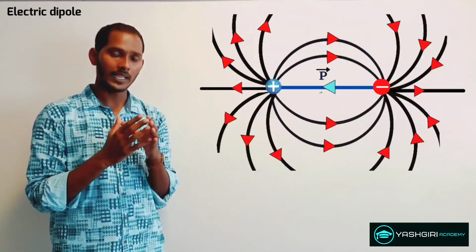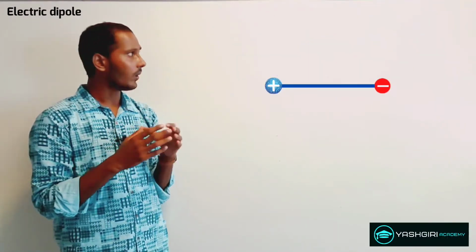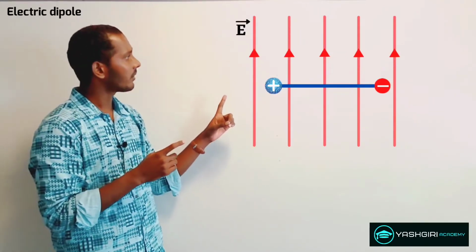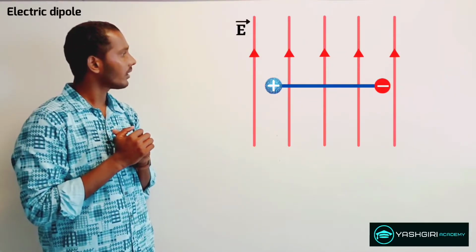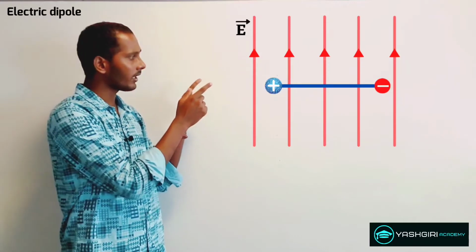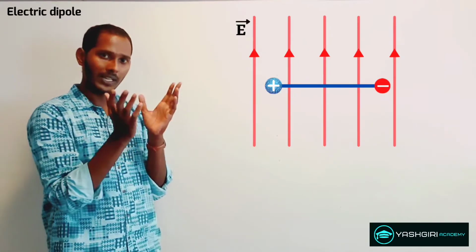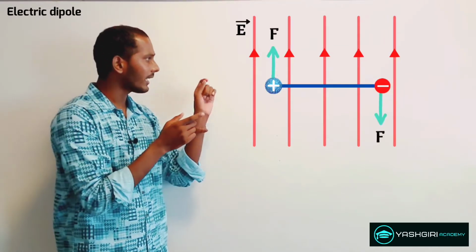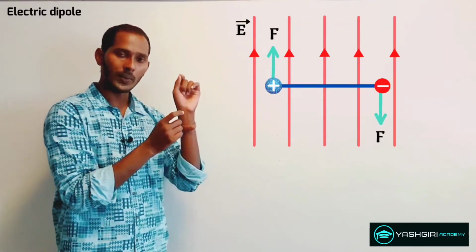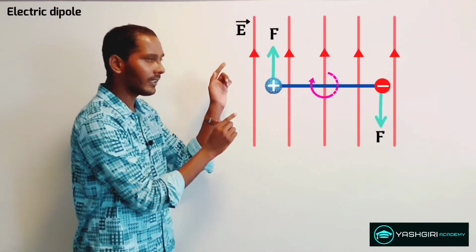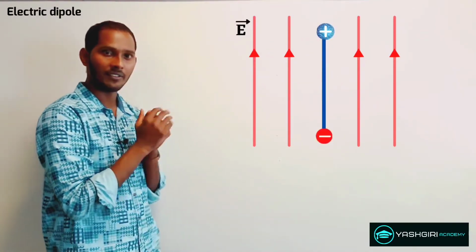The reason behind this direction of the dipole is that when you place this electric dipole in an external electric field, say suppose you have an electric field vertically up, and you place the electric dipole something like this, the electric dipole is going to experience some torque and it will get aligned with the direction of the electric field.